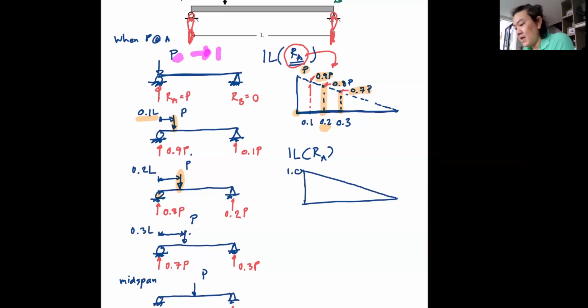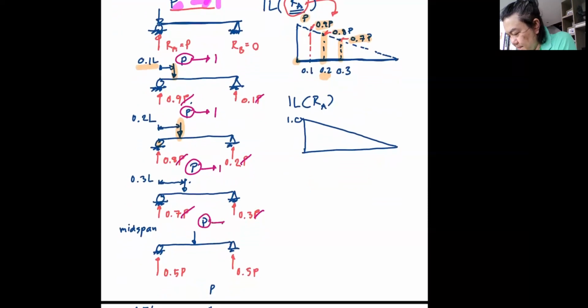And when I replace P here with 1, I should use a different color, right? If this is 1, all the P terms are gone. Okay, so now you have the influence line of the reaction at A with the value based on the unit load.